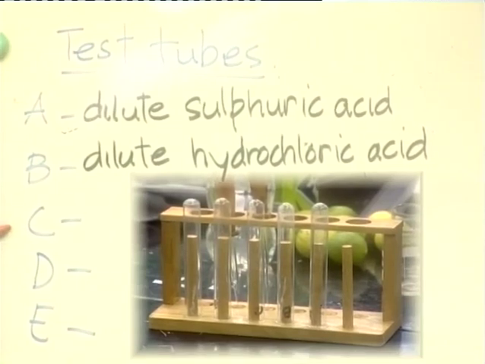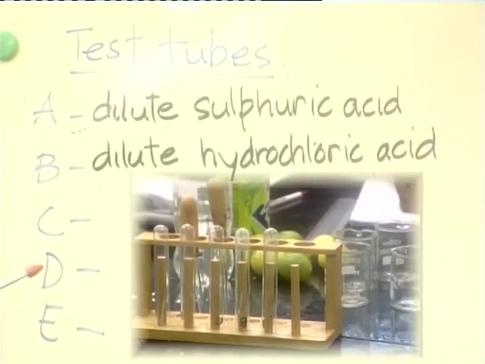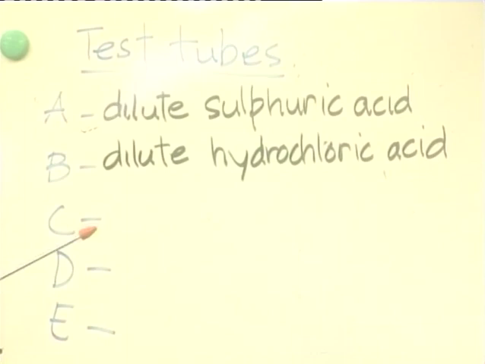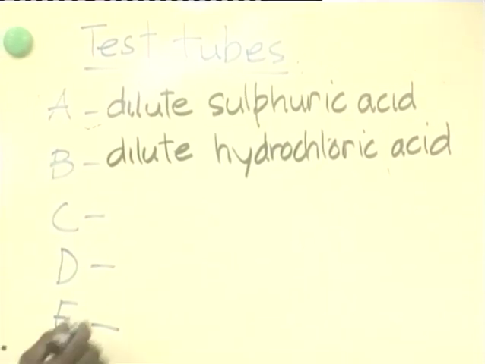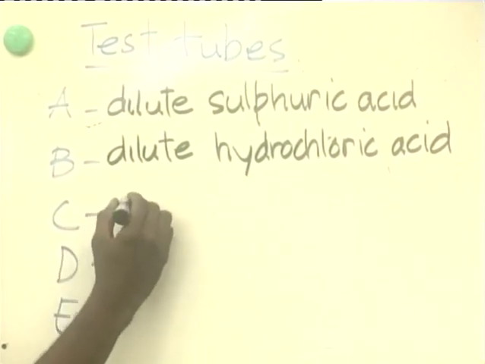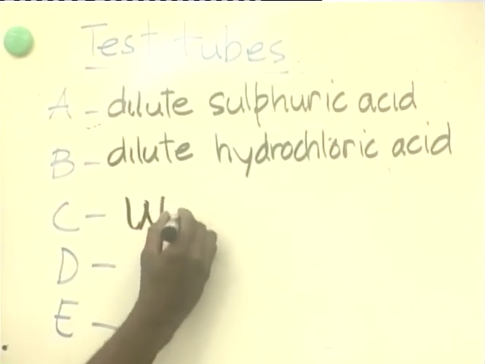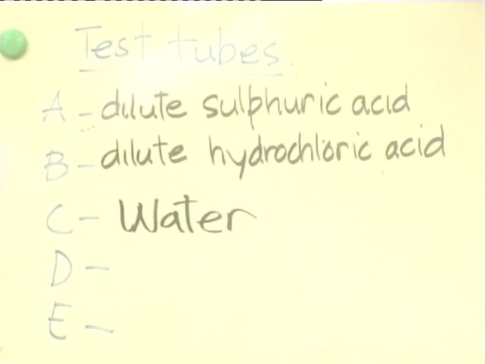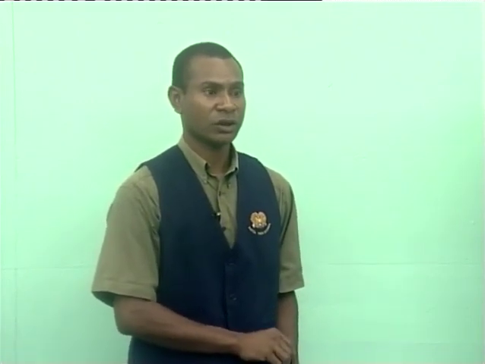C is the substance that you have. If you have brought soft drink, you write soft drink. If you have brought lemon, you write lemon, or whatever substance that you have. And let's make C water, just water. And D and E, you fill in what substance that you have brought for your experiment today. One of the two.